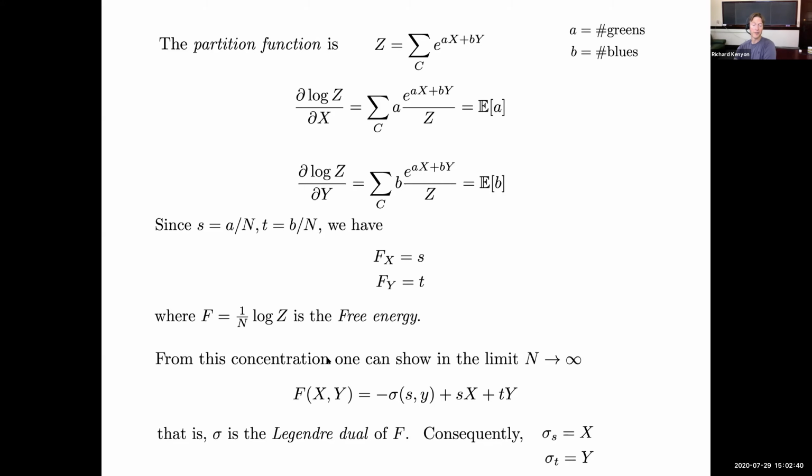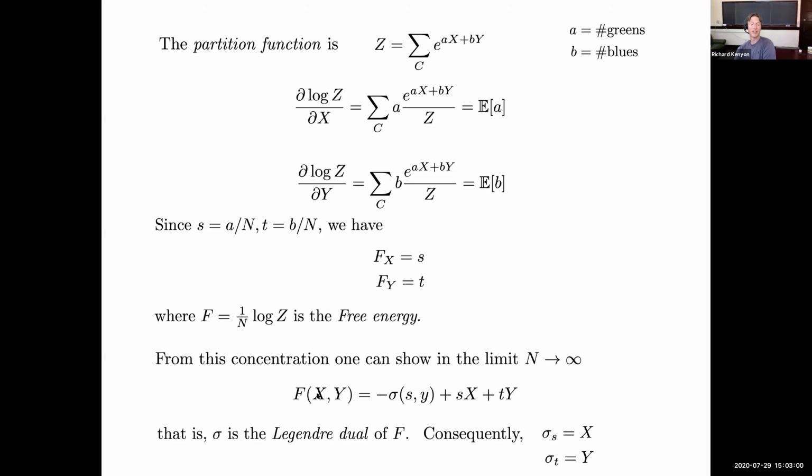And one can likewise show that this quantity, this free energy, is the limit as n gets large. Well, okay, I made a mistake here, because the free energy is really supposed to be the limit of this quantity as the system size, capital N, grows.